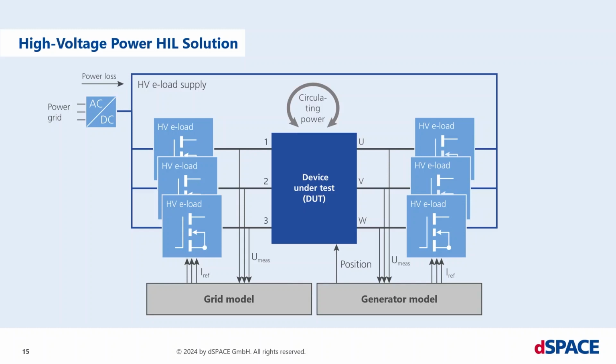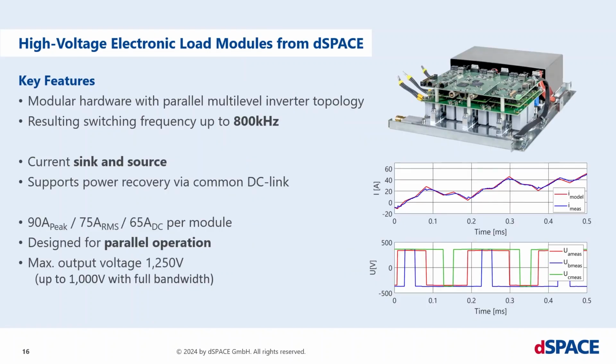Okay, I talked a lot about these load modules. Now I want to introduce you to these load modules. As I already told you, each load module is more or less a very high dynamic current sink and source for AC and DC functions. Each load module has a parallel multi-level inverter topology, and due to the fact that we have multiple branches in parallel, we can reach higher resulting switching frequencies up to 800 kilohertz.